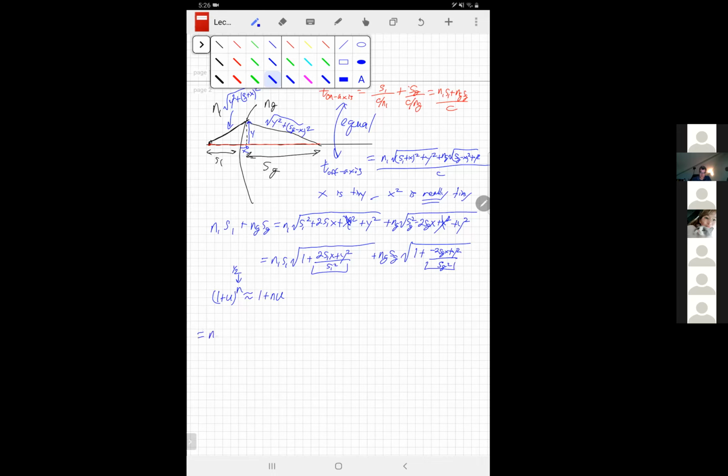And so we're left with N1 S1 times 1 plus 2S1x plus y squared over 2S1 squared, plus NG SG times 1 plus negative 2SGx plus y squared over 2SG squared, and that's equal to N1 S1 plus NG SG.